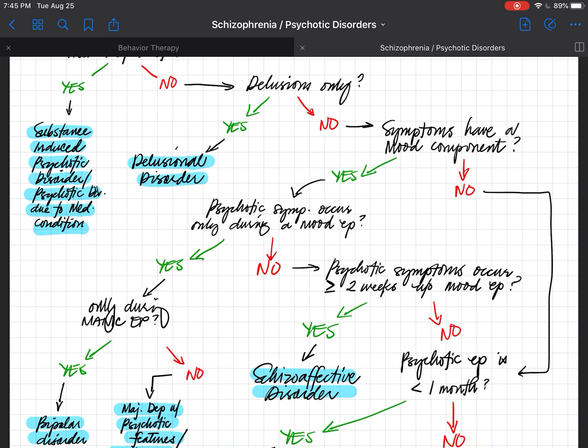So next we check, do the symptoms have a mood component? So for example, aside from the psychotic symptoms, does the person also exhibit mood symptoms such as depressive episode. So, or manic episode. So, parang very hyper, very active, very ang daming racing thoughts.